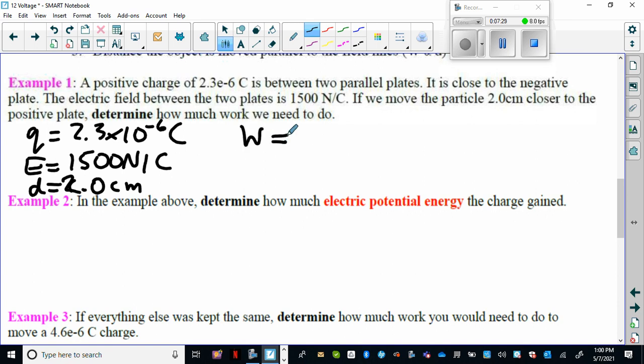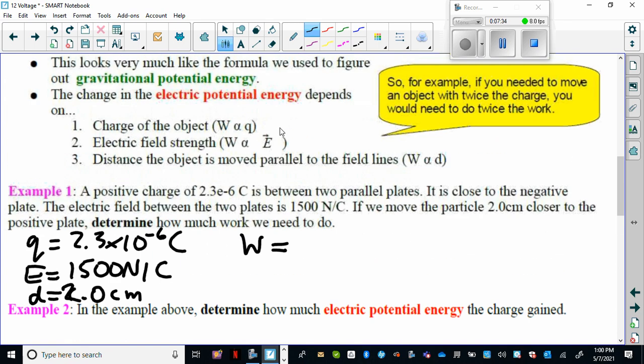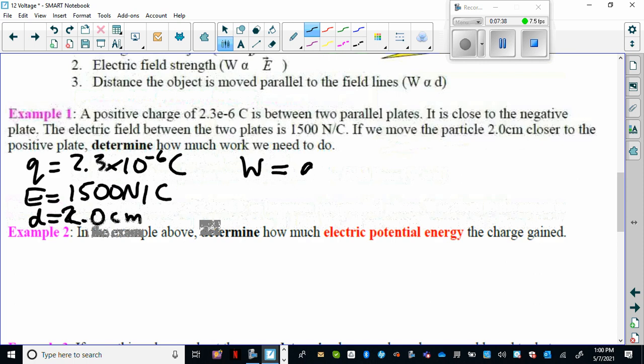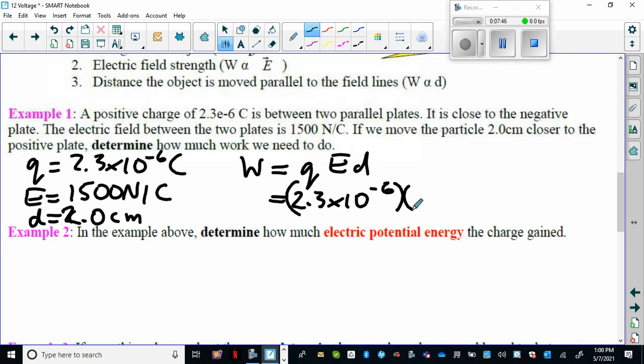And not a difficult problem. We can just go right into the formula that we derived right up here. W equals QED. We have the charge, and it's positive. Let's actually just make a note of that. The charge is positive, and then we are moving it closer to the positive plate, so we're going to have to do work to move it against the field.